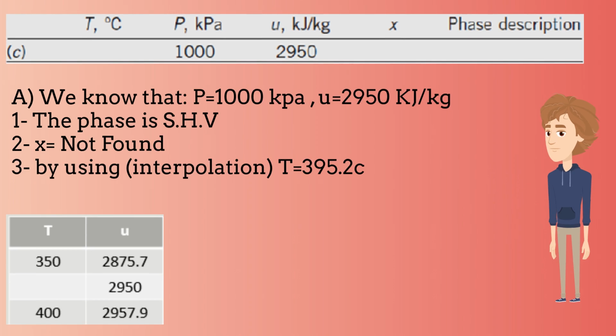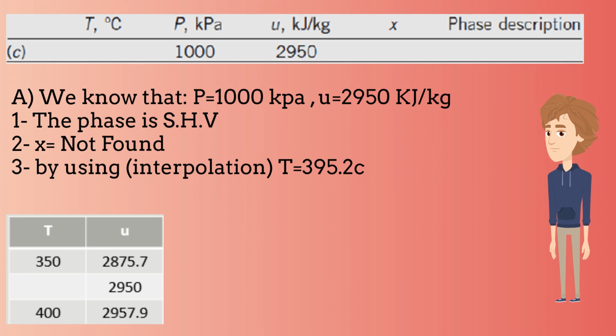In C, we know that P is equal to 1000 kilopascal and u is equal to 2950 kilojoule per kilogram. So first we will go to table A4 in order to find ug, which is equal to 2582.8. We will find that u is greater than ug, so the phase is superheated vapor.